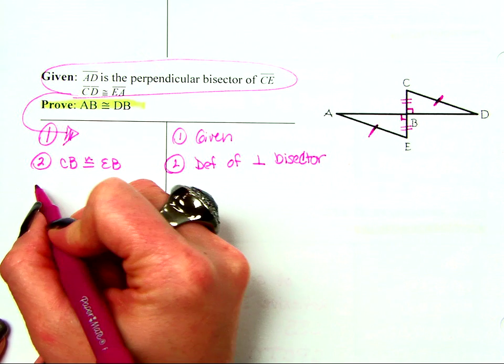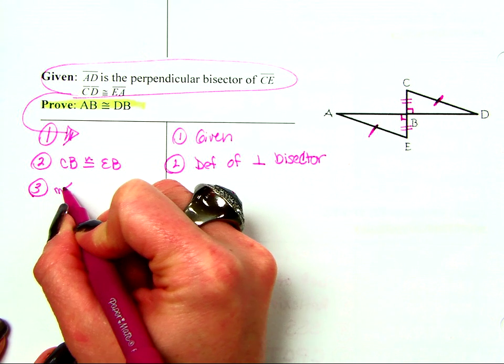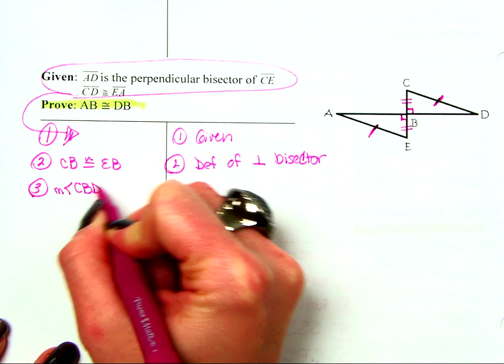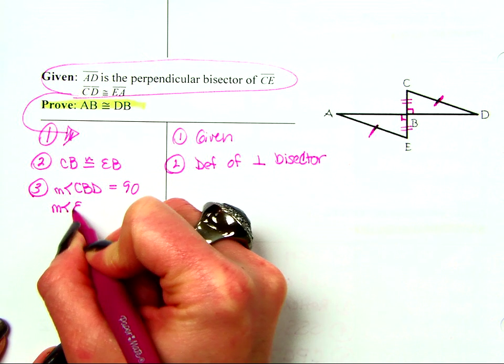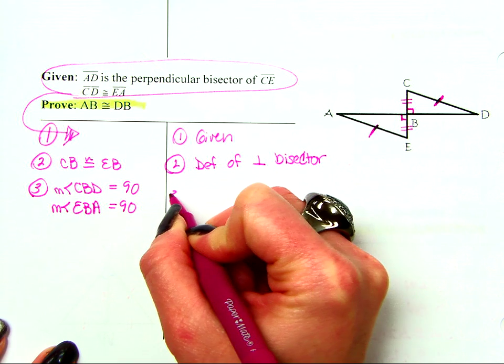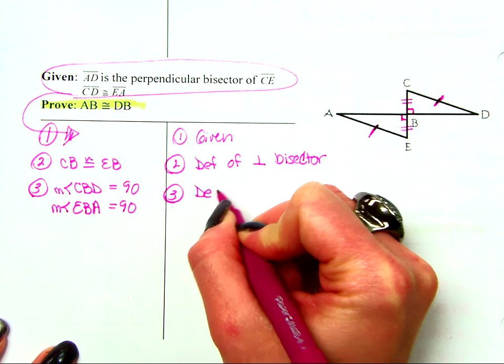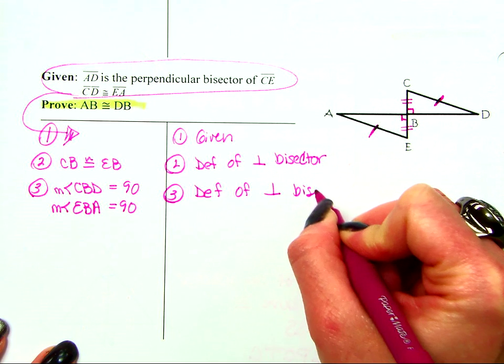And so in step number 3, I'm going to say that the measure of angle CBD must be 90 degrees, along with the measure of angle EBA must be 90 degrees. Why would that be? Well, again, that's going to be because of our definition of our perpendicular bisector.